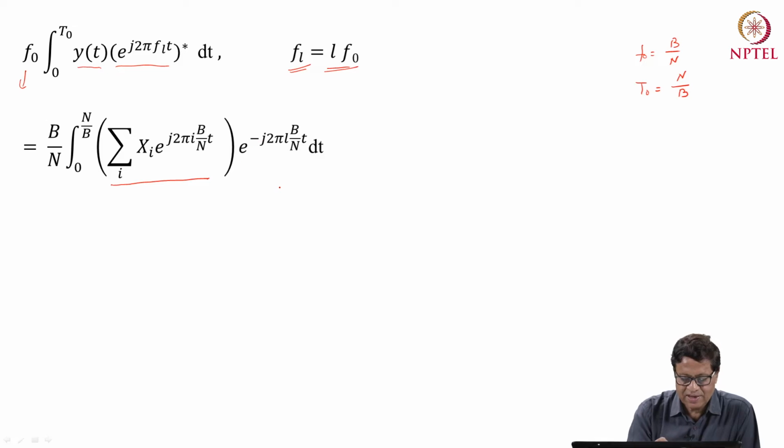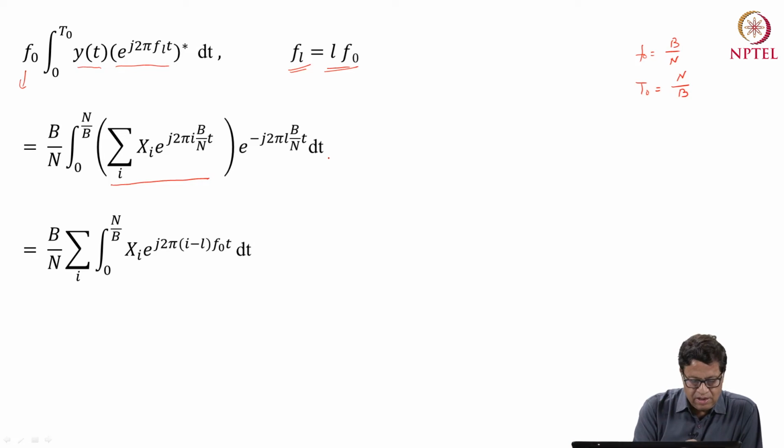So this minus sign has come, e raised to minus j 2 pi l b by n t dt. Now I have taken this factor inside, so this has become Xi e raised to j 2 pi (i minus l) f naught t. I have replaced b by n by f naught.